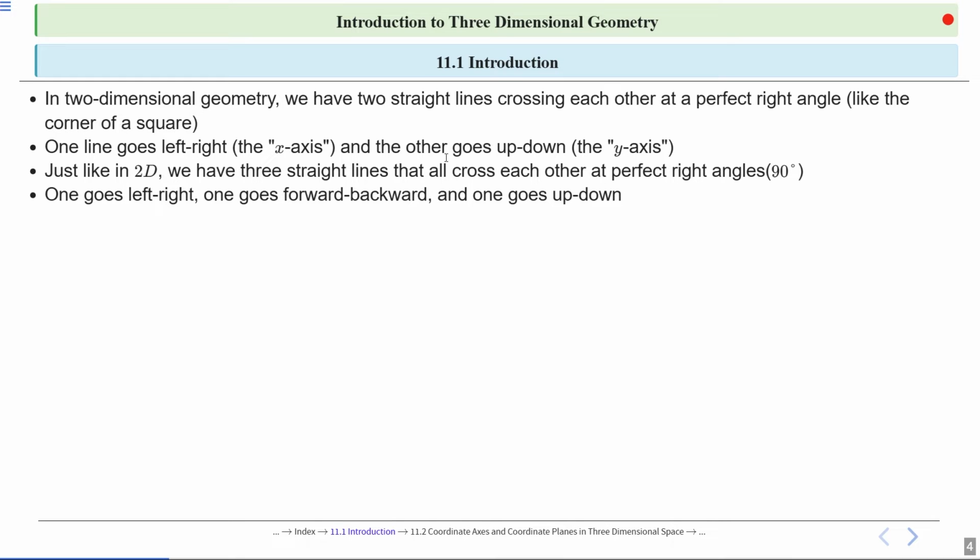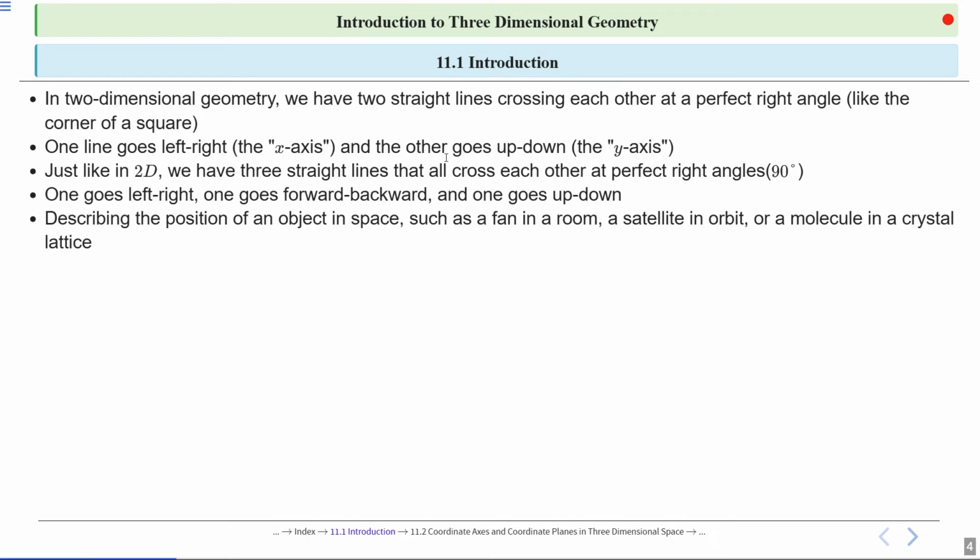One still goes left to right, another goes forward and backward, and the last one goes up and down. This setup allows us to describe position in space, not just on a flat surface.